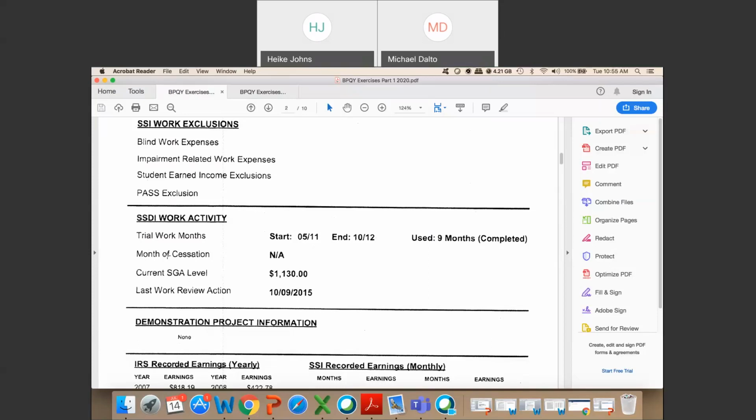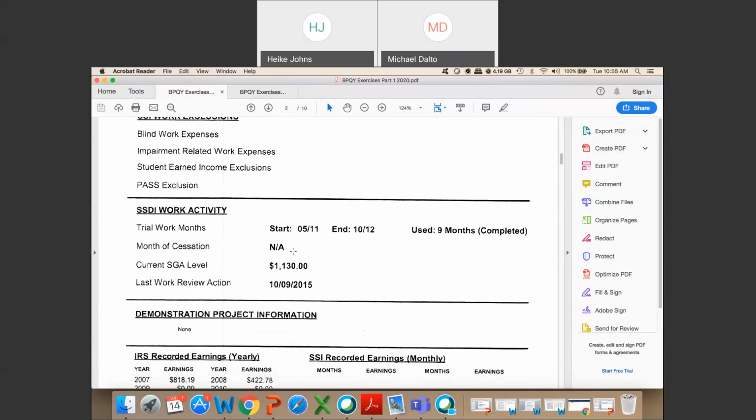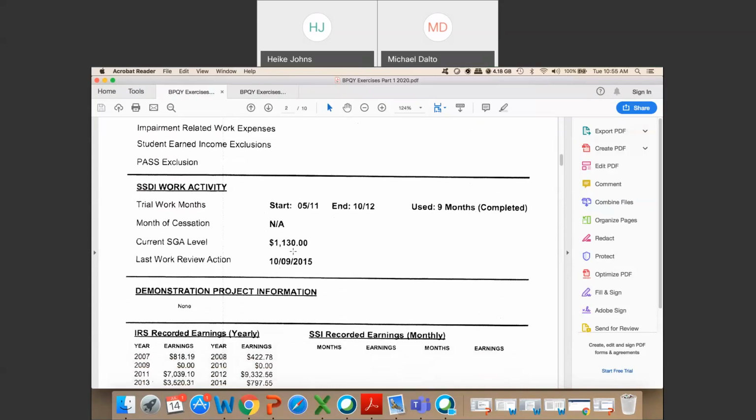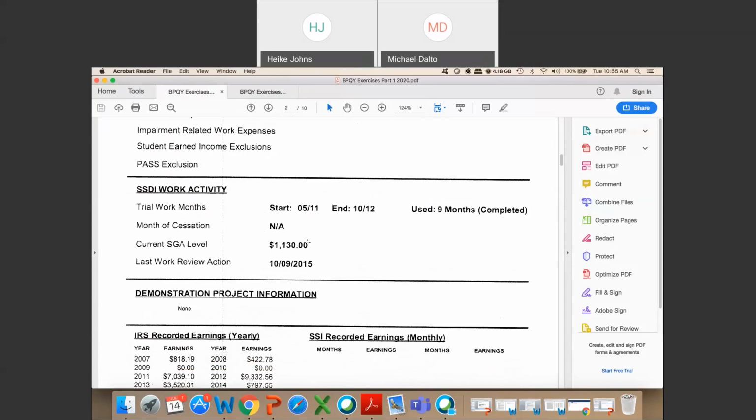It shows month of cessation, not applicable. That means most likely this person has not done SGA after their trial work period ended. The cessation month is the first month of SGA after the trial work period. The current SGA level when this BPQY was produced in 2016 was $1,130 a month.